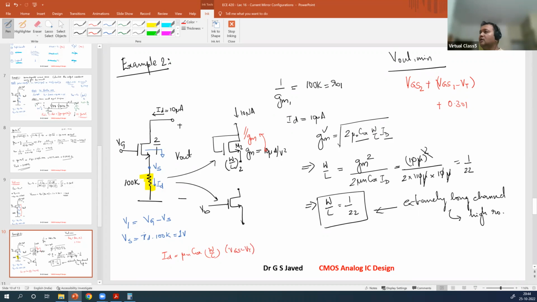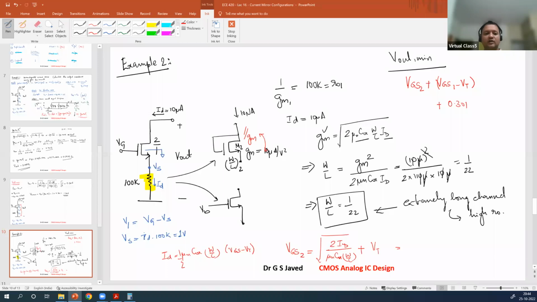Now we only need to know the VGS2 value. So the square root of 2ID divided by mu n Cox W over L, plus VT, is going to be your VGS value. So VGS2 is equal to the square root of 2ID over mu n Cox W over L, plus VT.